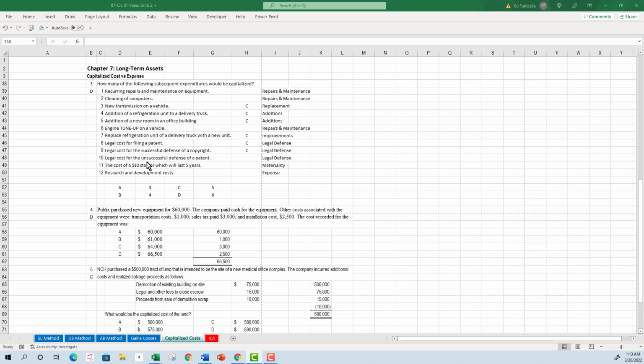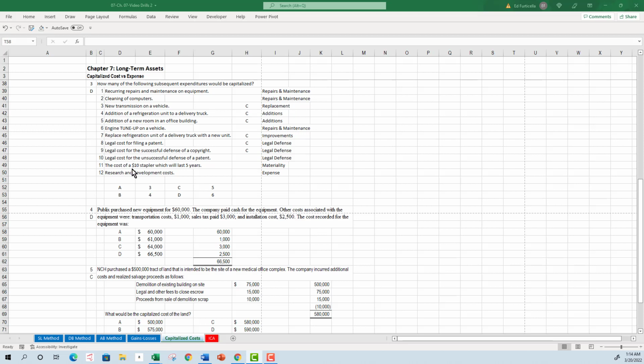So looking up at the top, recurring repairs and maintenance on equipment, cleaning of computers, those are just repairs and maintenance needed to keep these assets at their optimal levels. They are expensed. An engine tune-up on a vehicle is just designed to keep the vehicle working at an optimal level, so it's an expense.